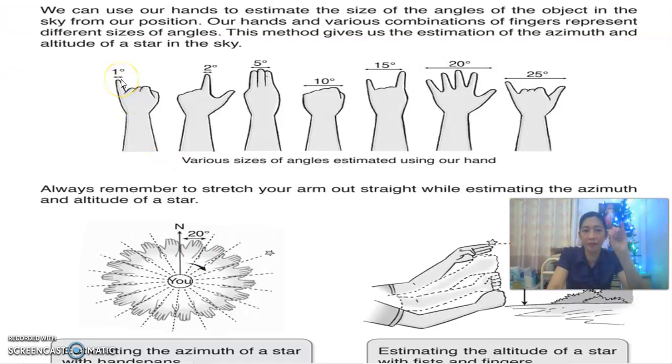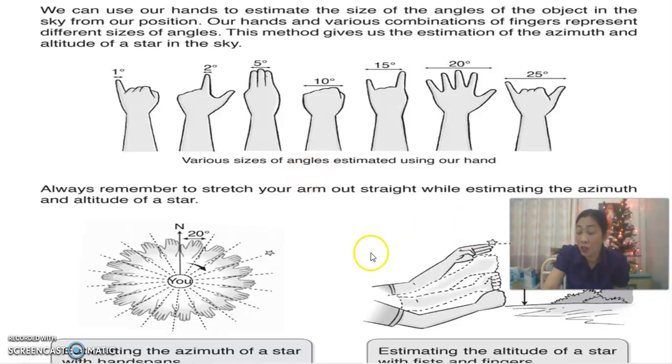Again, 1, 2 degrees, 5 degrees, 10 degrees, 15 degrees, 20 degrees, and 25 degrees. Always remember to stretch your arms. Stretch means straight.